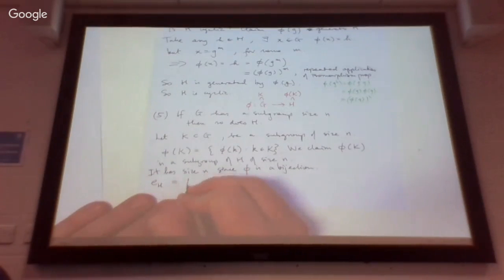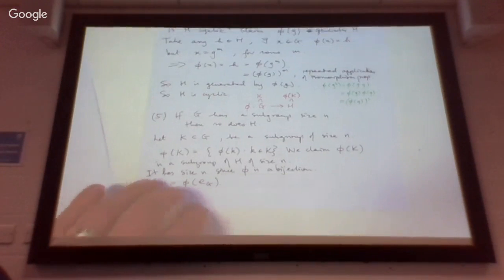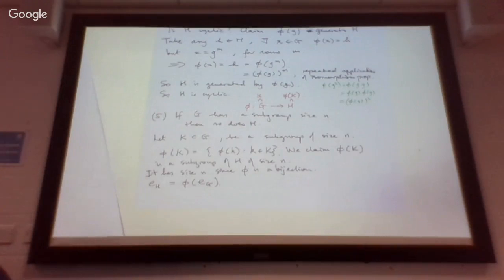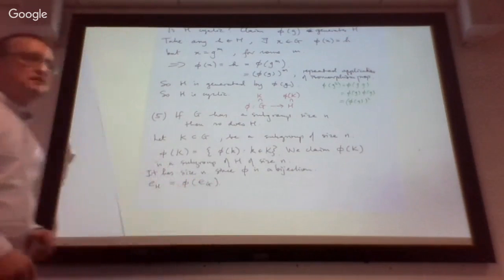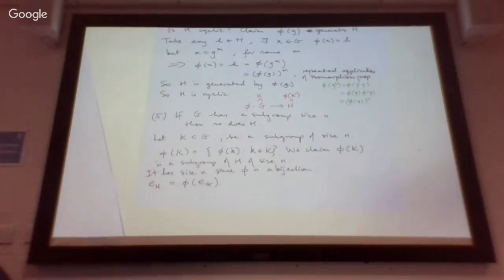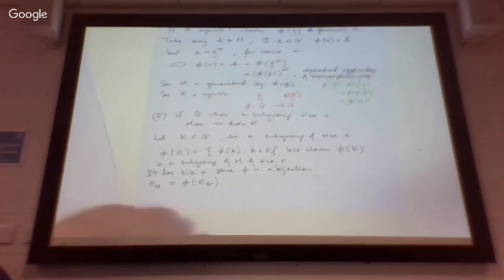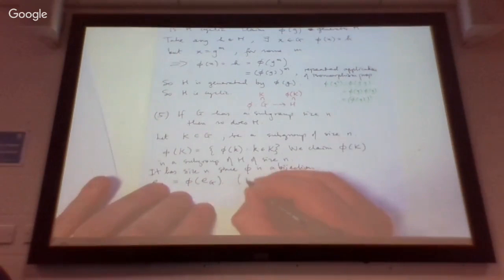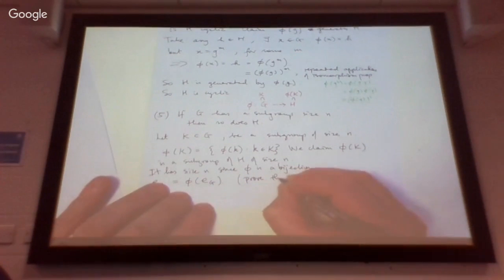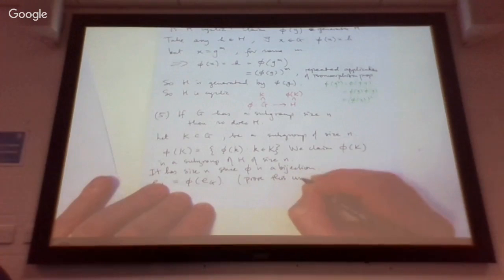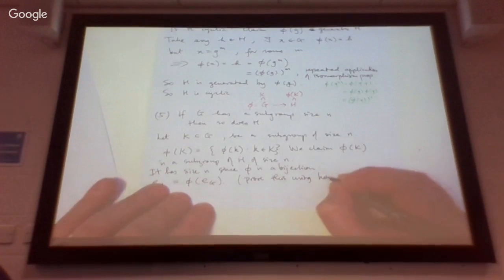Well, the identity in H has to be the image of the identity in G. This is something we haven't explicitly proved, so we should prove it, using the homomorphism property.